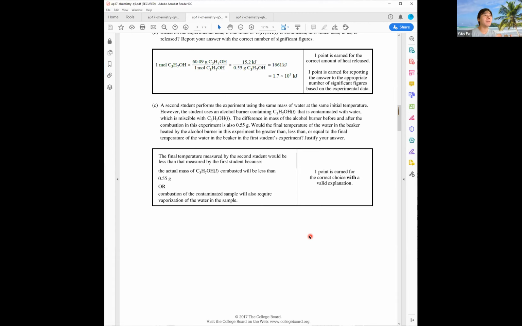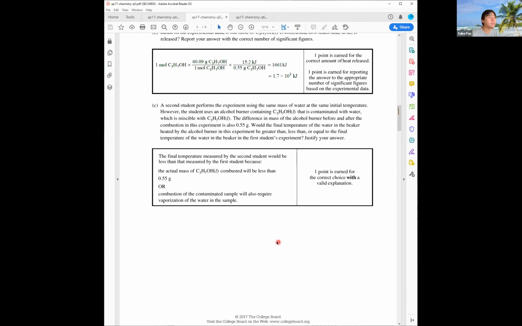So some of the heat released by the combustion will be absorbed by the contaminated water. You get it? So the heat absorbed by the water sample in the beaker will be less than the actual, slightly less, but apparently is less, okay?